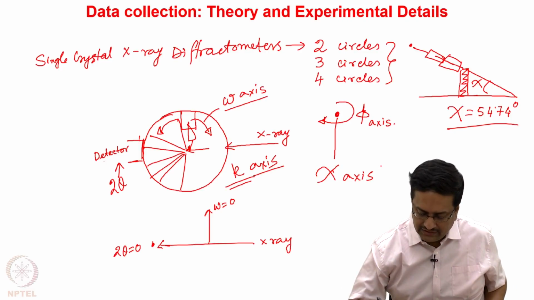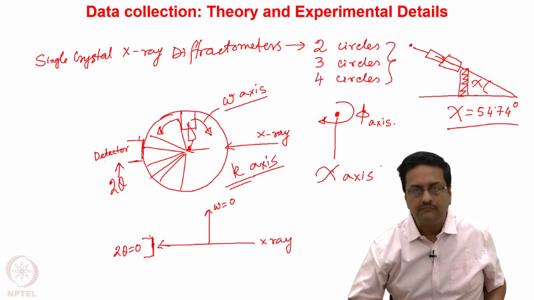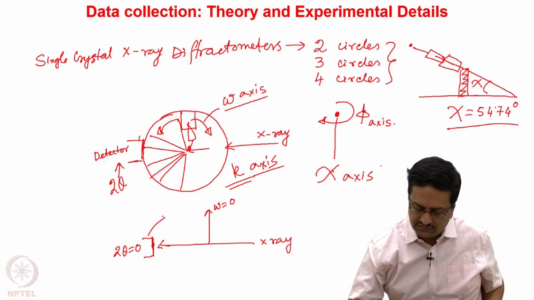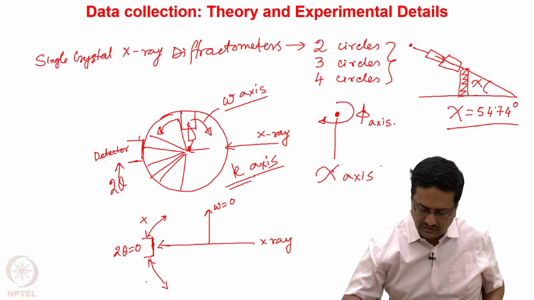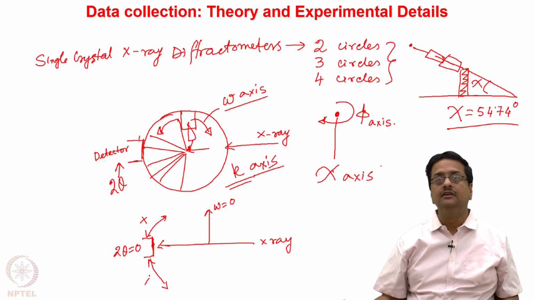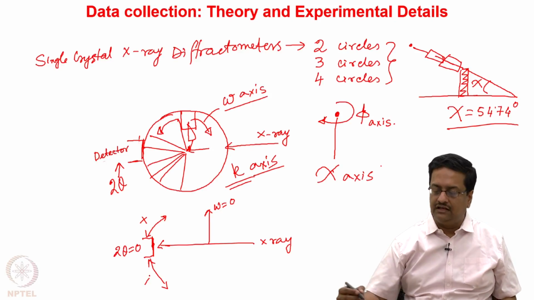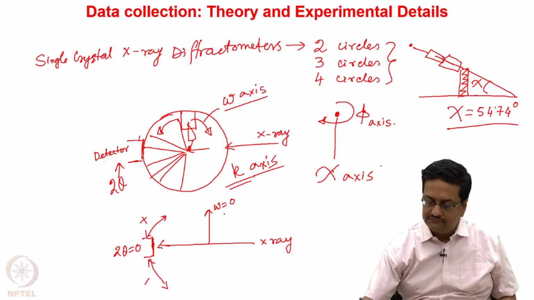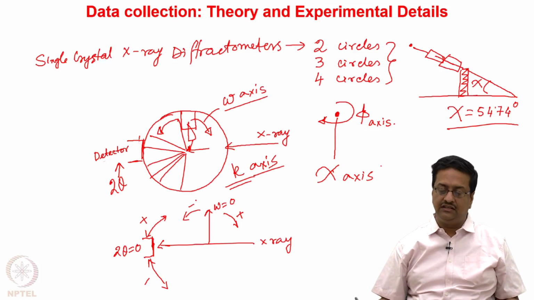So by having a detector located at 2 theta 0, one can rotate the position of the detector in either direction, in plus and minus with respect to 2 theta, and simultaneously this omega can be rotated in either side, plus and minus, along with 2 theta.